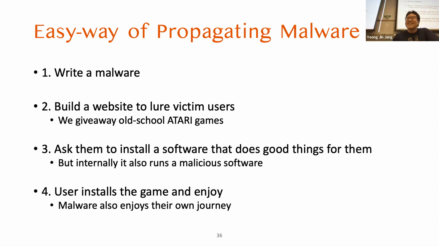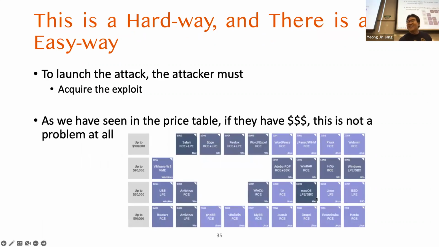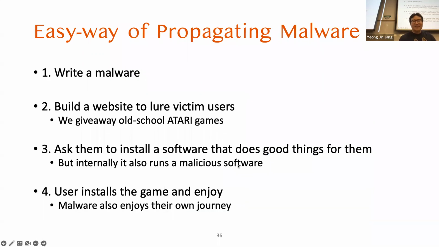And if they install it, the game is over. What the attacker wants to do with exploits is just run a single program there. And to run just a single program, hackers do a lot of research worth several million dollars. But without that, you can actually ask them kindly, oh, please install this.